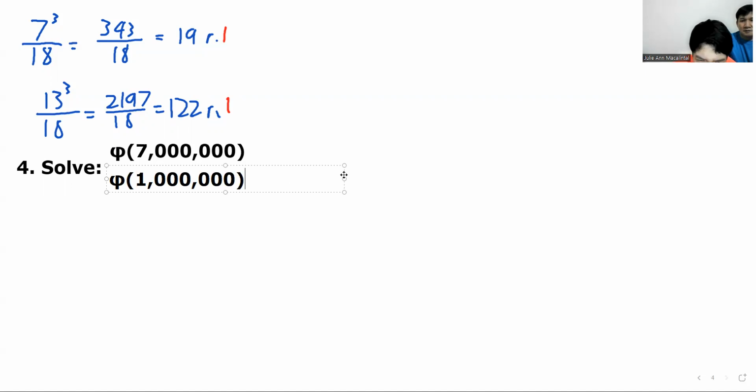It looks intimidating, but it's actually fairly simple, right? It's even more intimidating because we can extend this to phi of 7 googol over phi of 1 googol. It will still be easy.